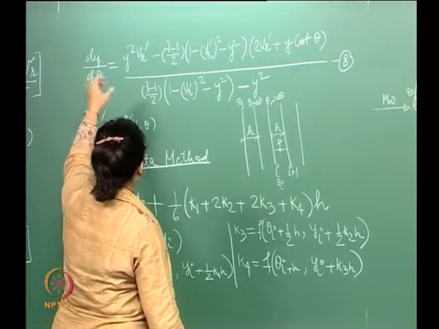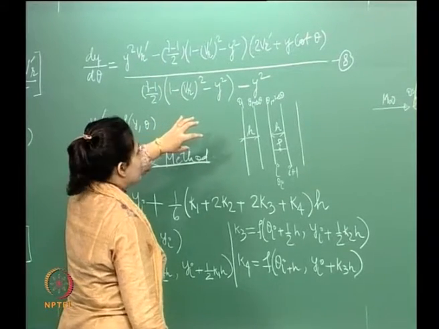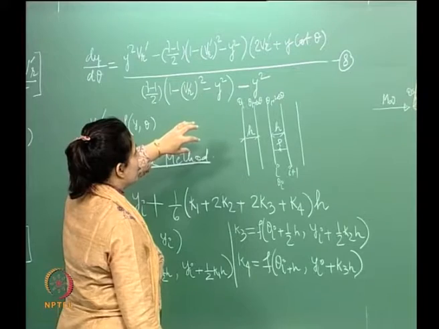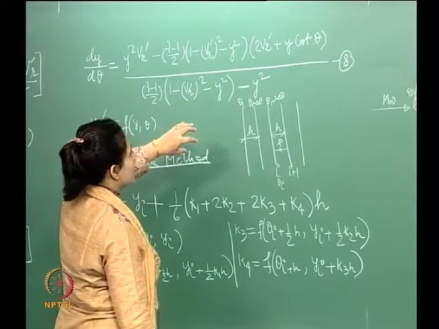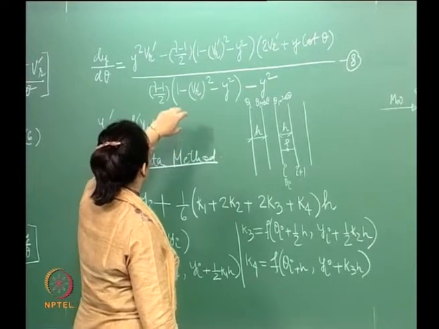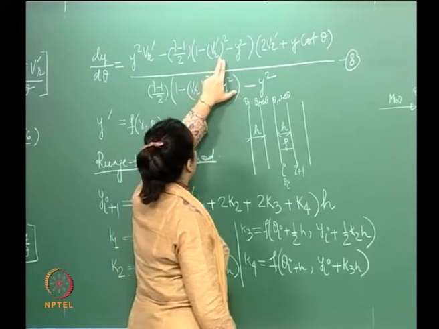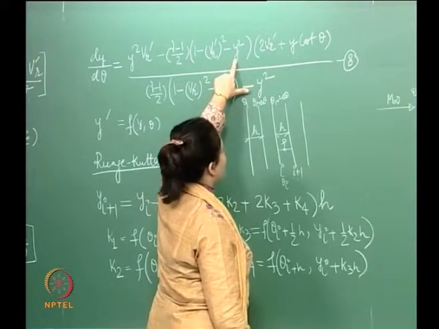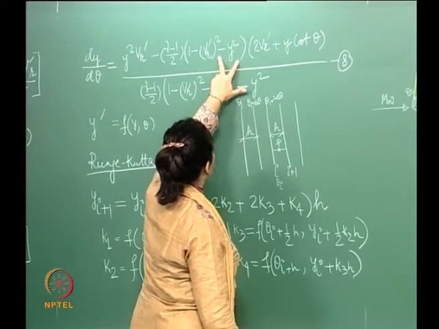If you look at this particular equation, now I know the function value at theta s. So V theta s, and V r dash is known at theta s, and y again here is V theta dash, which is also known.